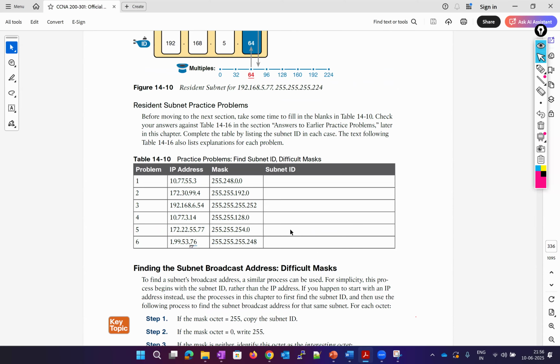Try to solve this. Try to find out the subnet ID and the broadcast ID using the method which I told you.